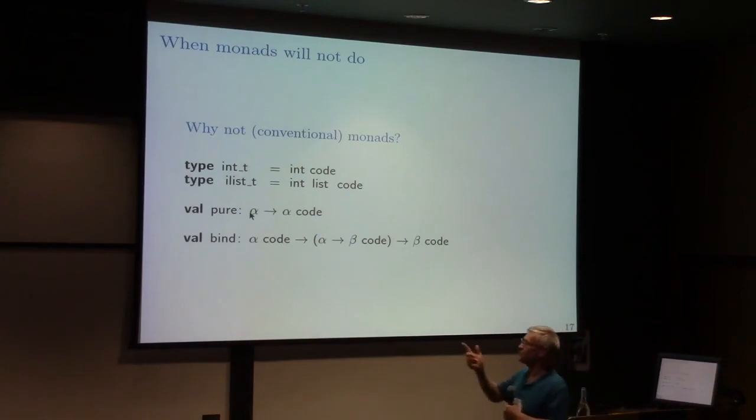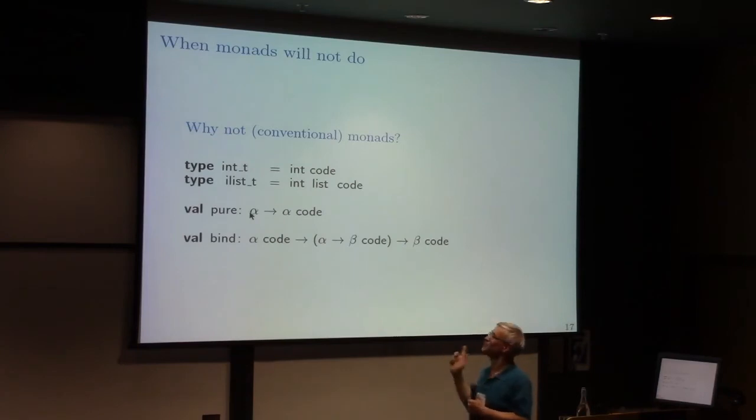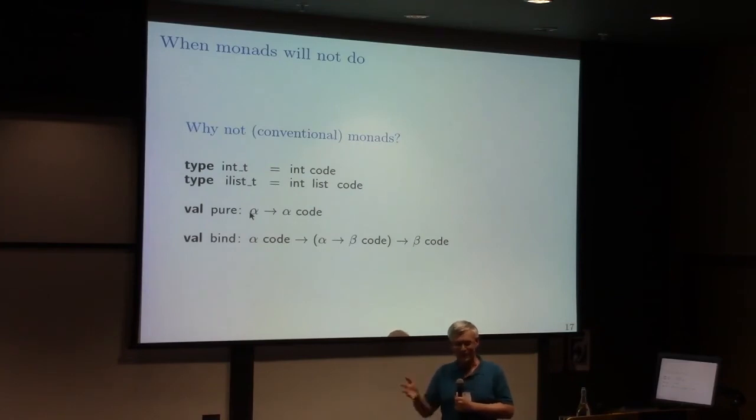So pure is not polymorphic over alpha, which the conventional monad interface requires. In our language, it's okay, because we only operate on integers, so we say which literals we actually want, and for them we can run this implementation.